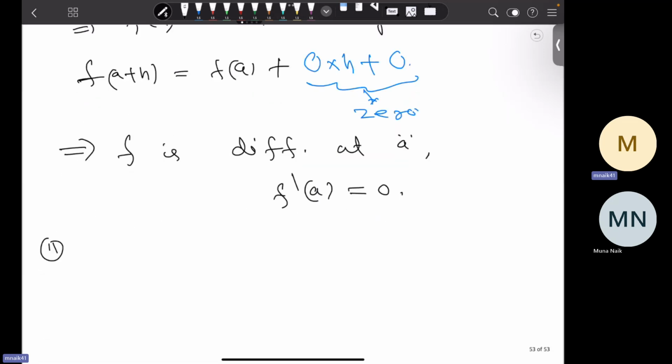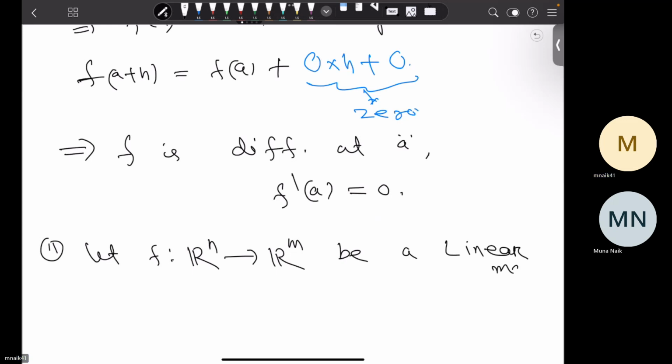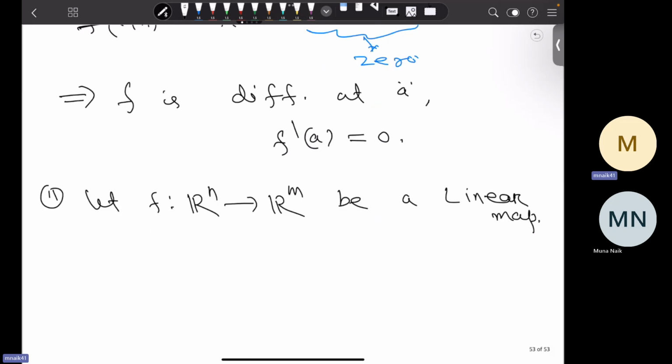The second example is interesting. Let f from R^n to R^m be a linear map. Now f of a plus h, since f is linear, will be f of a plus f of h.